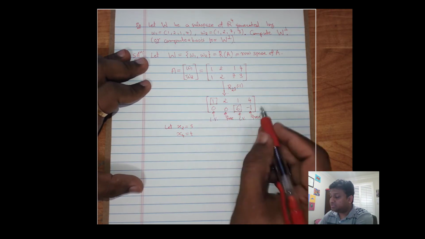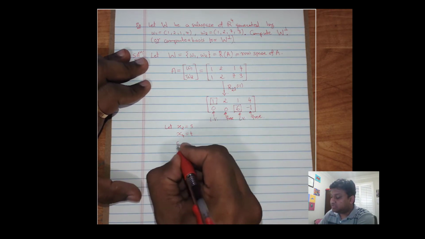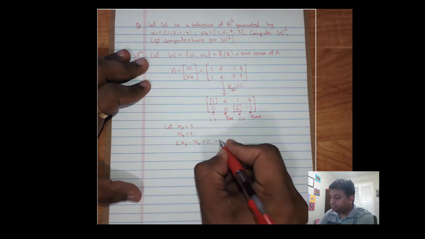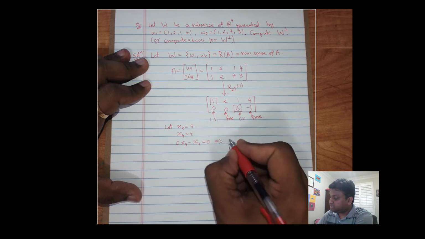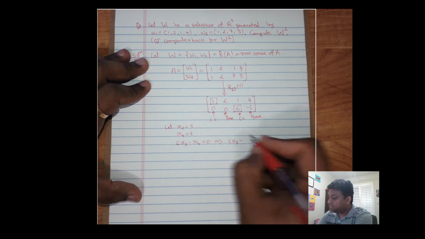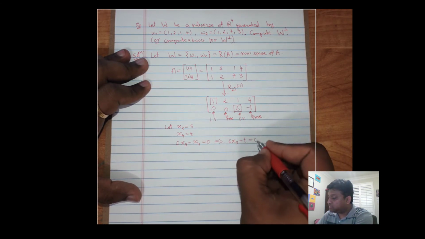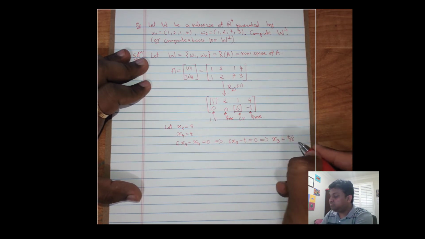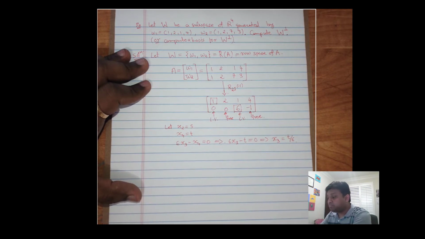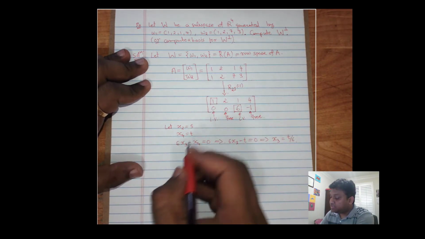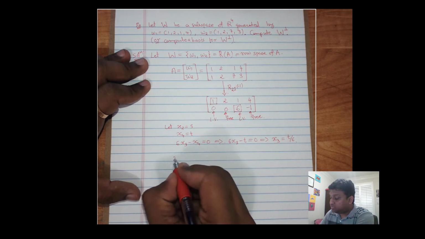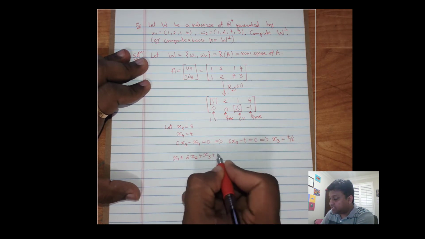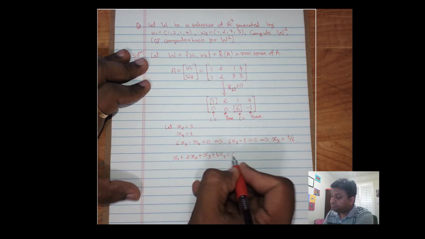I'm going to write down the second equation, 6x3 minus x4 equal to 0. This gives me 6x3 minus t equal to 0. Solve it for x3 in terms of t. Looks like t over 6 is what we get. Write down the first equation, x1 plus 2x2 plus x3 plus 4x4 equal to 0.